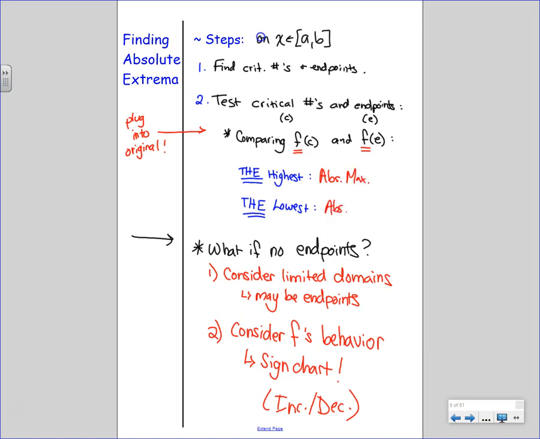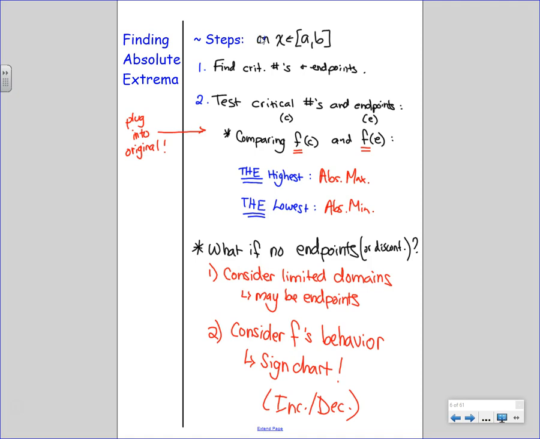But the dilemma is, and we saw the deep tank last year, and you didn't like it: what if there are no endpoints? AKA, what if the interval is not closed? And technically there is another time when we might have to worry about this. What if there are no endpoints or discontinuities?